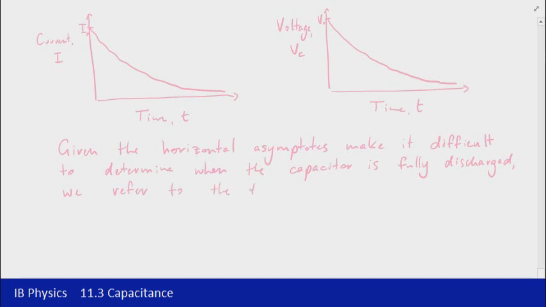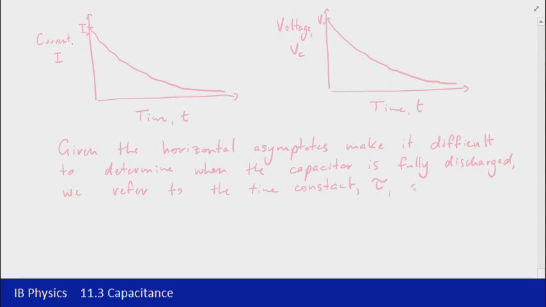So the time constant, as the name suggests, is a time that is constant for a particular circuit. The symbol for the time constant is the Greek letter tau. It looks a bit like pi with only one leg to it.